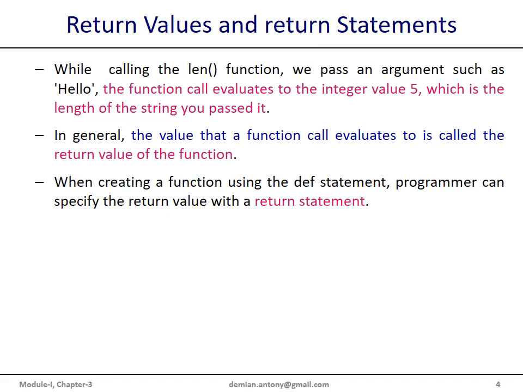In general, any function call will evaluate to a value, and the evaluated value is the return value of that function. While creating a function with parameters, the programmer can return a value with the special Python statement called the return statement.